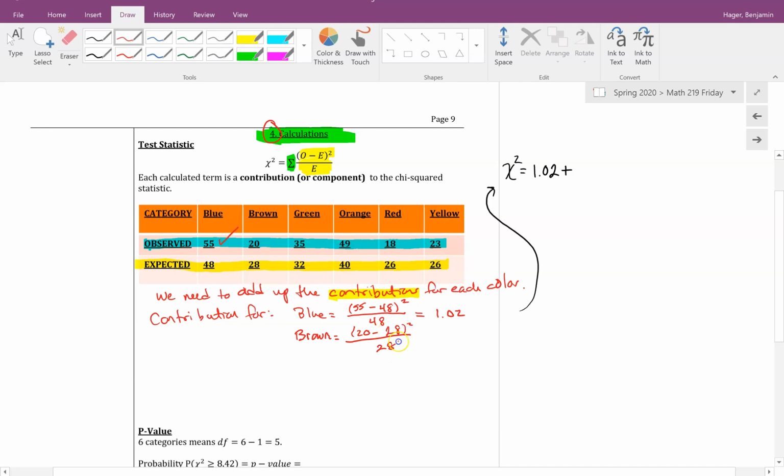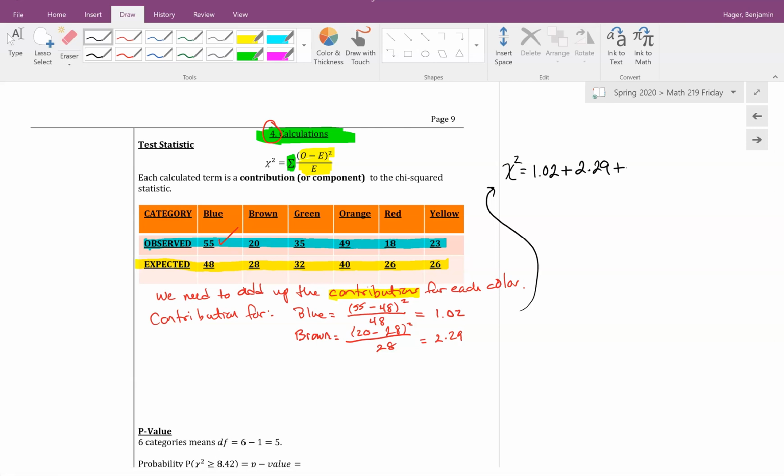Square the difference and divide by what you expected. That's 2.29 if I round. So that is the contribution from the brown M&Ms. And then on to the green, the orange, the red, and so on.